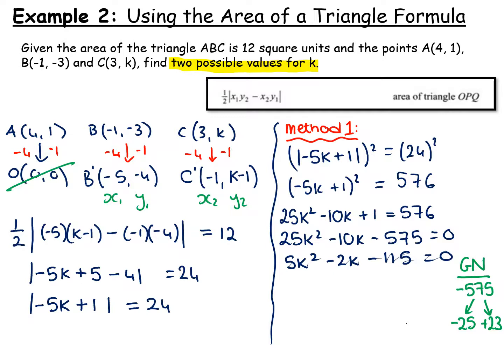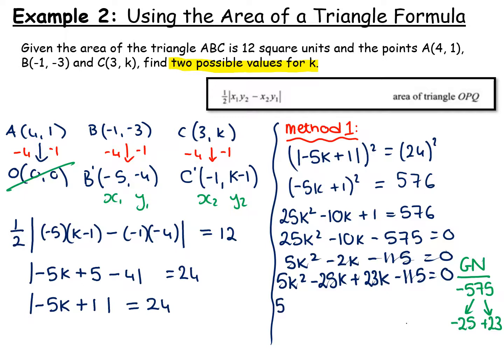If you do square root, you won't get an exact answer for the square root of 575, but it will give you kind of what number multiplied by itself, where there's no difference. And you can work up 1 or 2 above or below, and you'll get your answer very quickly. So 5k squared minus 25k plus 23k minus 115 equals 0.